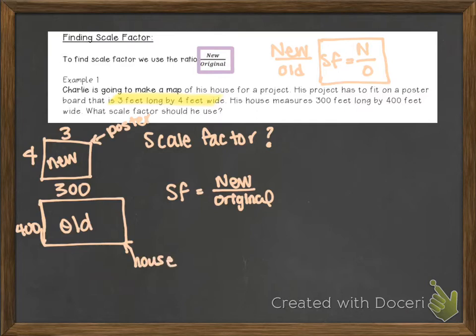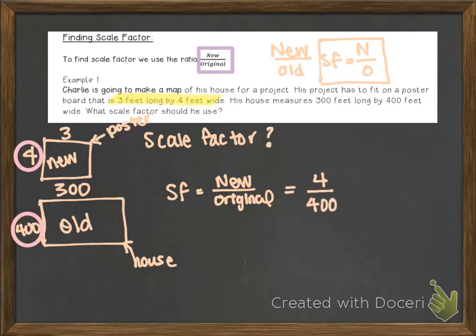So now that we have our new and old, you're going to pick one of the sides. So I'm going to go with the 4 and the 400. It's new over old, so that is 4 over 400. So they have to be from the same side.